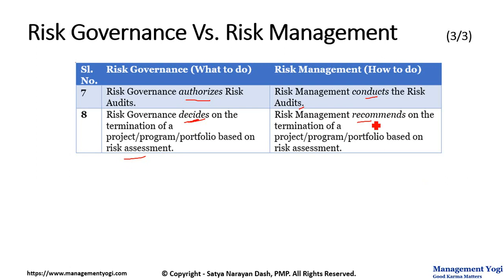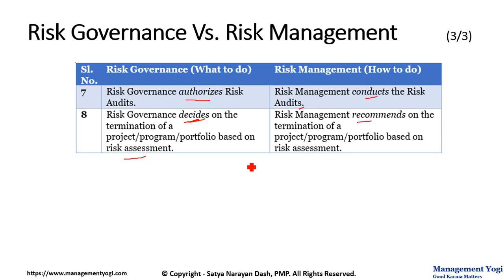As you can see, risk governance plays a crucial role, without which risk management is effectively useless. In an organization, if you have only risk management, or there are some project managers doing some amount of risk management, or even if you have a dedicated risk manager, or you have taken sophisticated software tools to do your risk management, but if the risk governance is not existing, you will have a number of projects which will be running improperly, and you won't be able to deliver to your clients in a proper way.